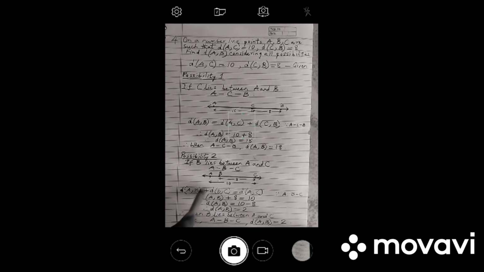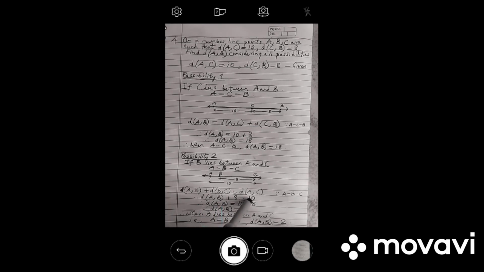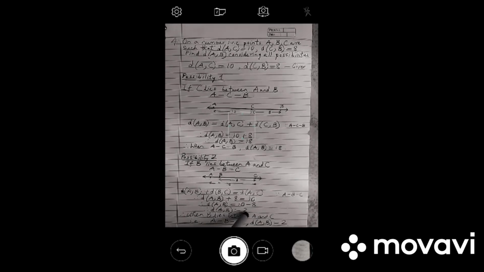So distance AB plus distance BC is equal to distance AC. Therefore distance AB plus 8, because distance BC we know is 8, is equal to distance AC, which is 10. Therefore distance AB is equal to 10 minus 8. Therefore distance AB is equal to 2.